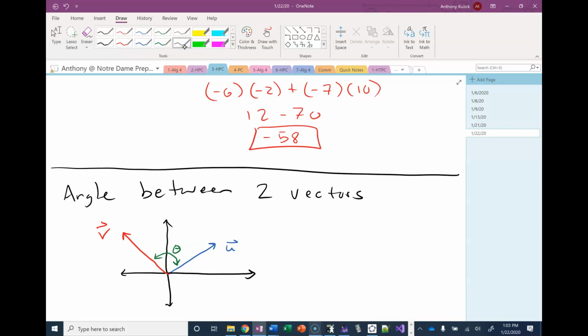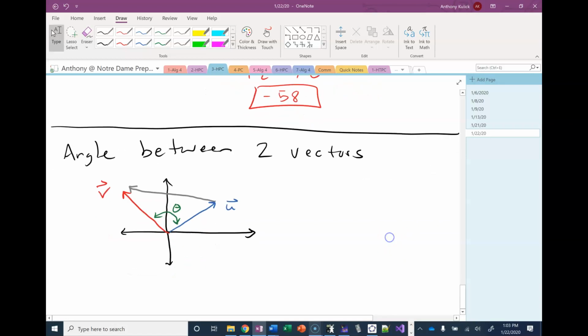What shape does this look a little bit like? Almost looks like a triangle. Let's make it into a triangle. Okay? So I'm going to draw in this side here as a vector. What name would this vector need to have? What name should that gray vector have?